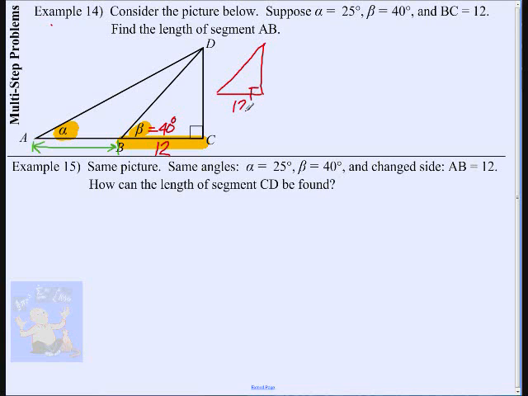We've got 12 here, 40 degrees here. So we know what this one is, right? This has got to be 50 degrees. Maybe we don't even have to use that. And what we want to do is figure out what this length is. I'm going to call this x.